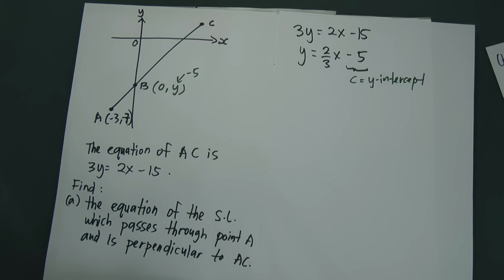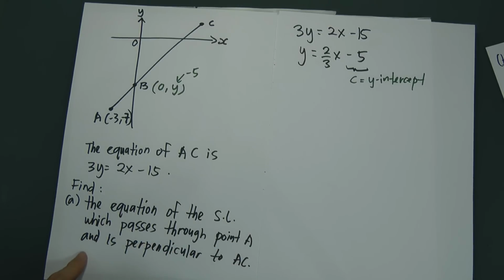What they want here is to find the equation of the straight line which passes through the point A and is perpendicular to AC.